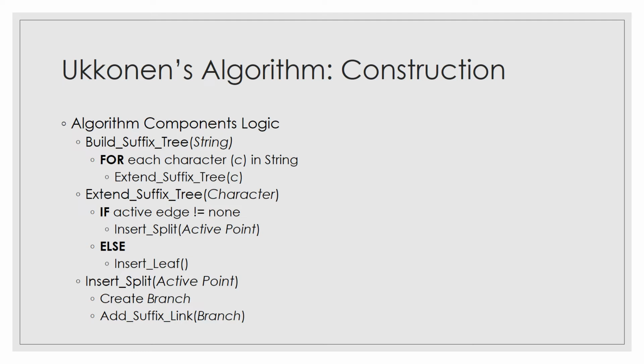In this component, if the active edge does not equal none, we insert a split at the active point, else we insert a leaf. Then insert a split at the active point, create a branch, add a suffix link. So anytime the active edge is not none, we insert a split, otherwise we insert a leaf.